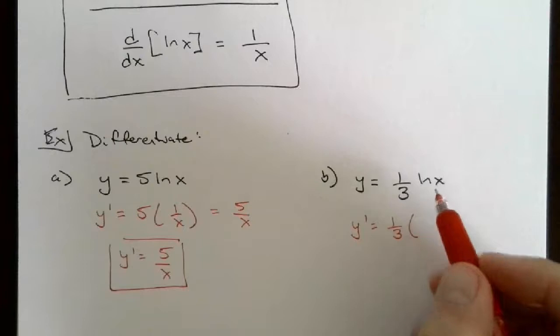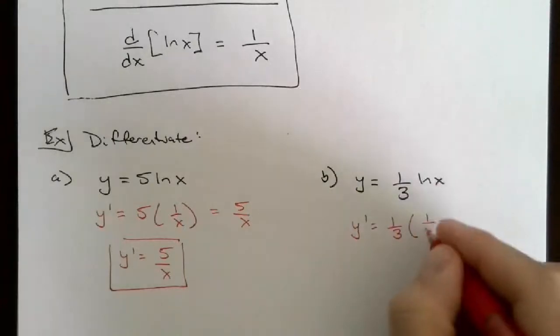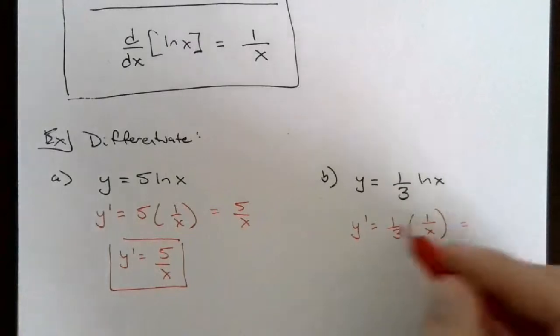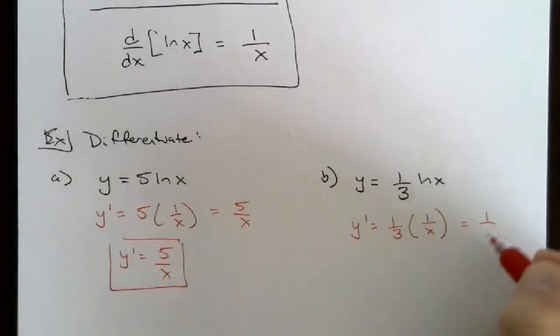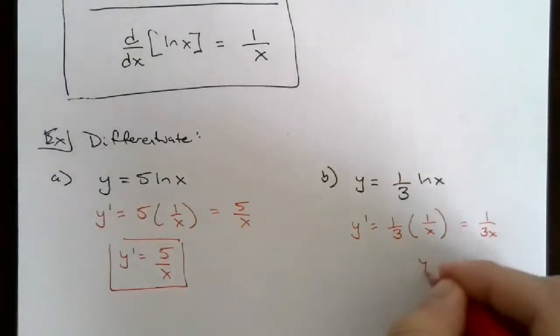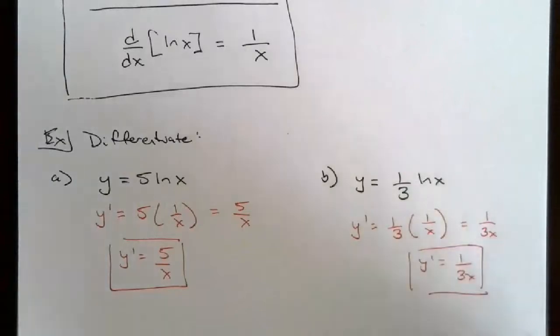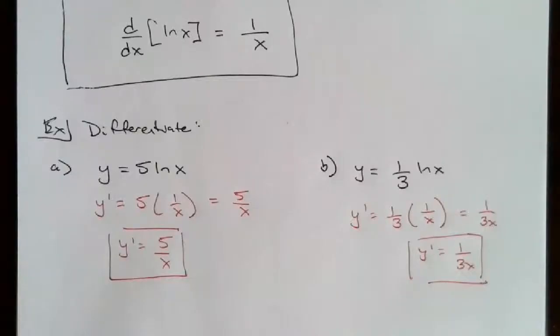The derivative of natural log of x, according to our rule, is 1 over x. And so then this will equal, remember how you multiply fractions, straight across the numerator, 1 times 1 is 1, straight across the denominator, 3 times x. So y prime here equals 1 over 3x. Pretty straightforward problems, right? Constant times a function, the constant stays in front.